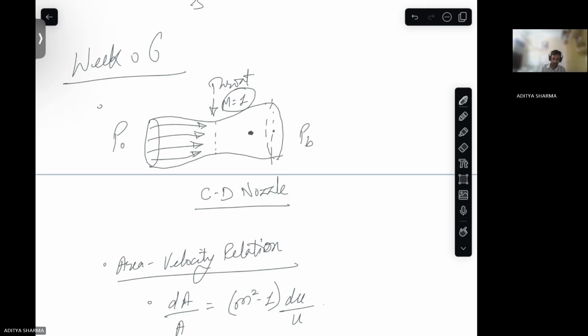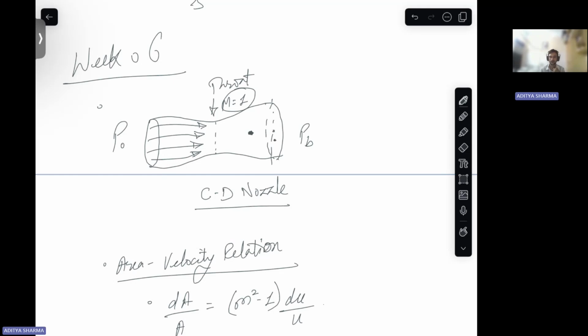And in case your exit pressure is still greater than your back pressure, then we say this is underexpanded. Okay, so there is still possibility of expansion of this flow.